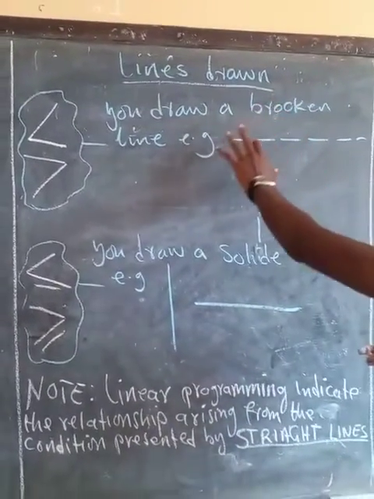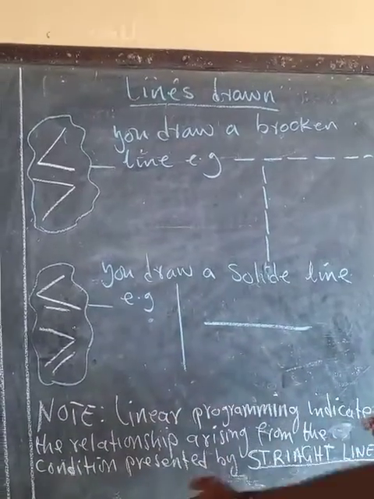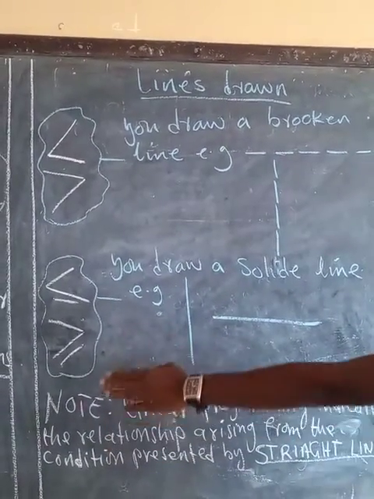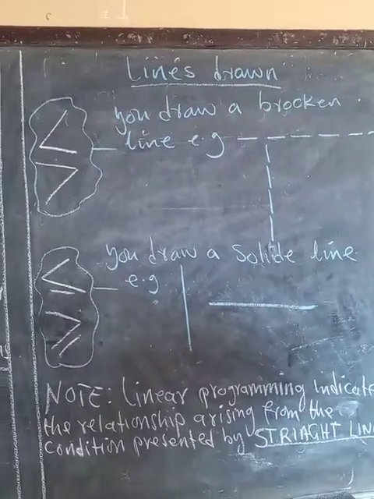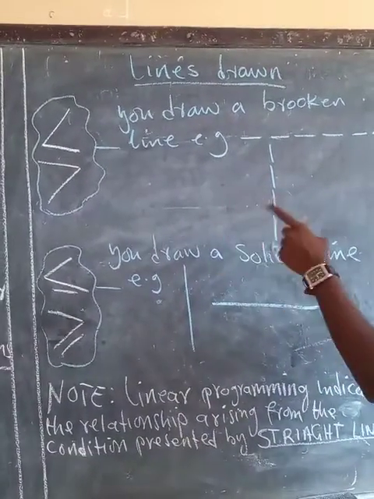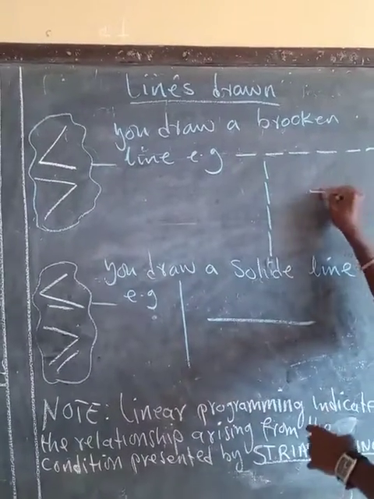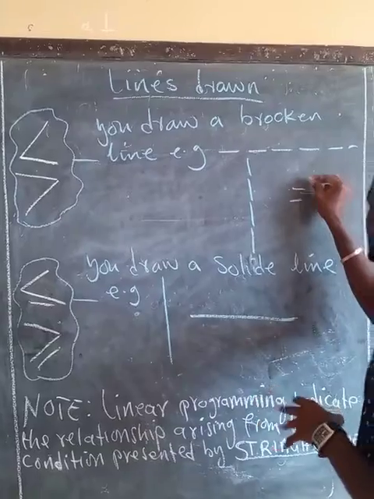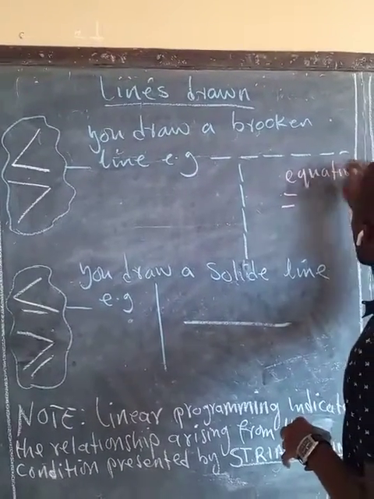Lines drawn when you are given those 4 symbols. Of course, we know the equal sign symbol. We didn't include it there because we are not dealing with inequalities, but we are dealing with equations. That's a difference. So the equal sign symbol is only applicable when you are dealing with equations.